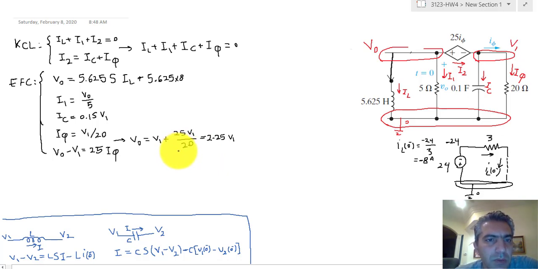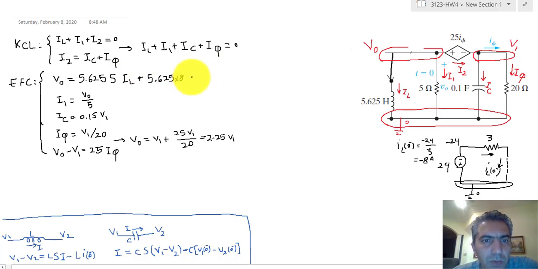So now I have V1 as a function of V out, and therefore I can write these 2 currents as a function of V out. This current right here was already a function of V out, and finally I can write IL as a function of V out using this equation.